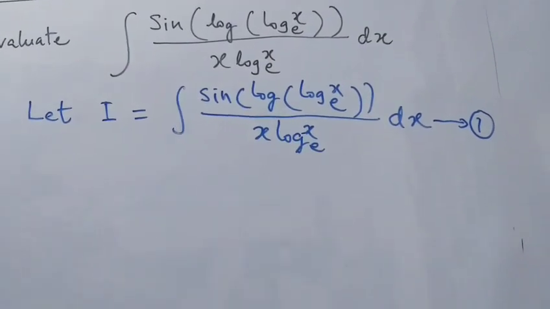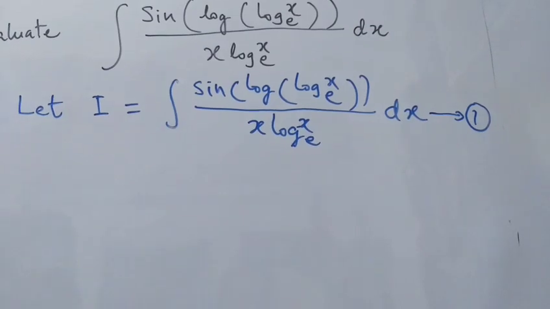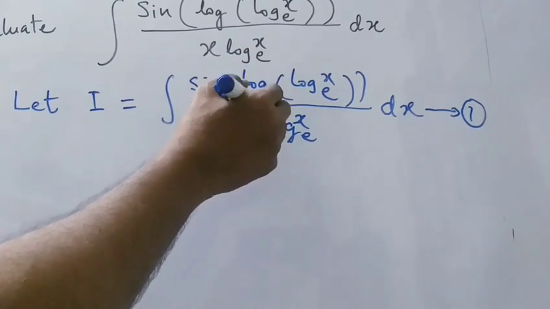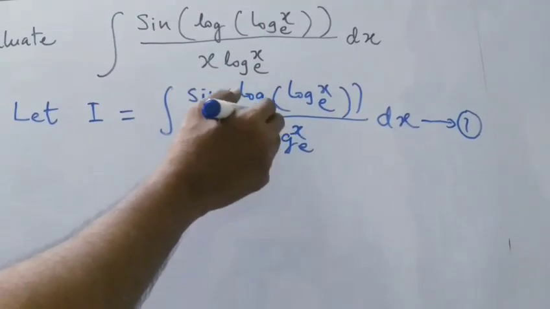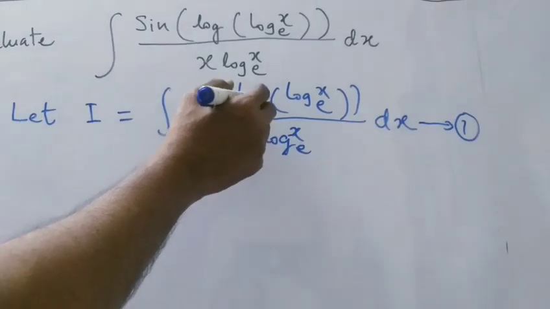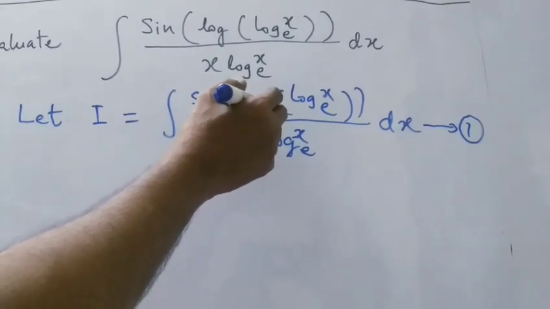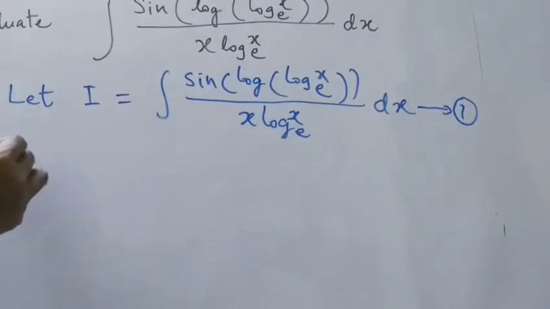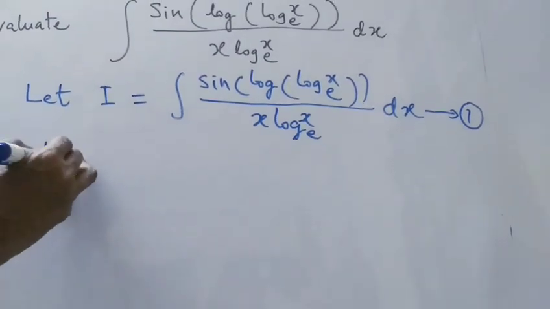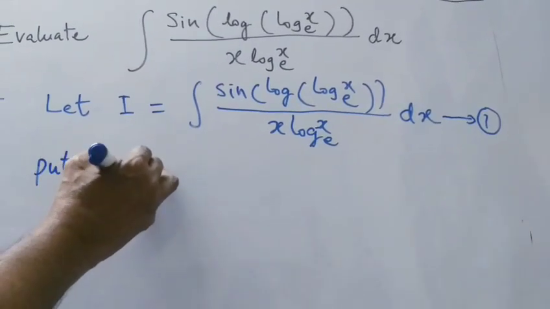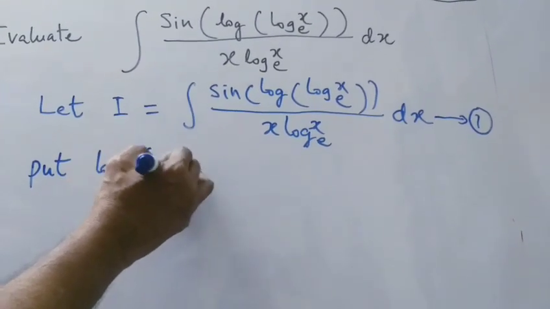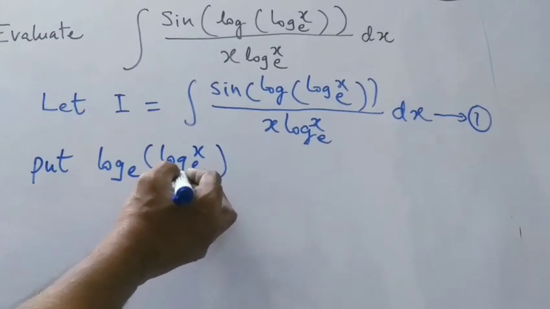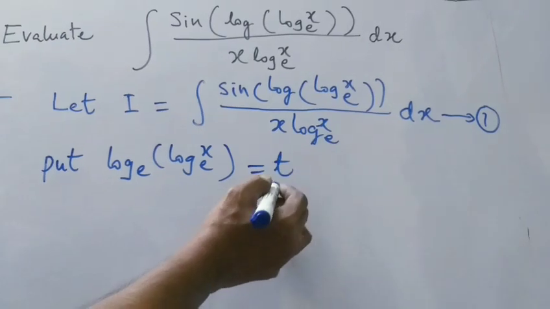So, now for this problem, first of all, we have to do the substitution part in this. Here both numerator and denominator are there. So, in the numerator, we have to put log of log x to the base e is equal to t.